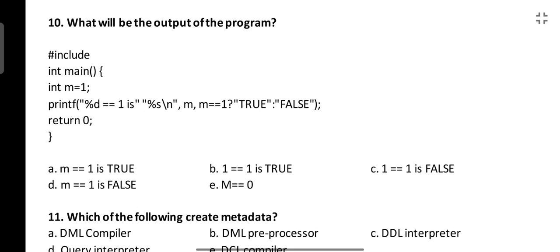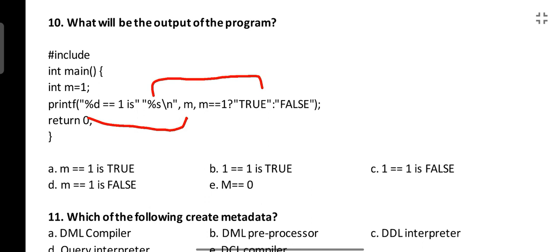Okay, next is a program output question. What will be the output of this program? Okay, int main, m is equal to 1. Then printf with %d is equal to 1 is %s, slash n, m. This %d will map to this m, and this %s will be mapped to either true or false.